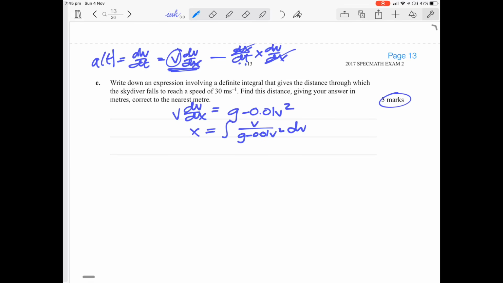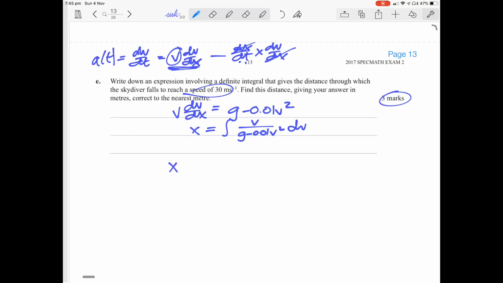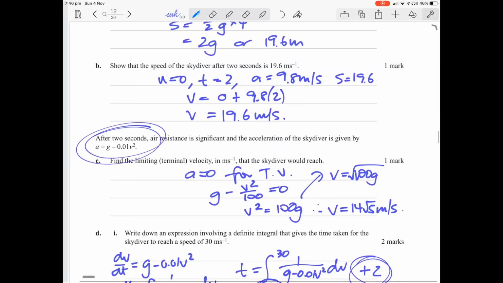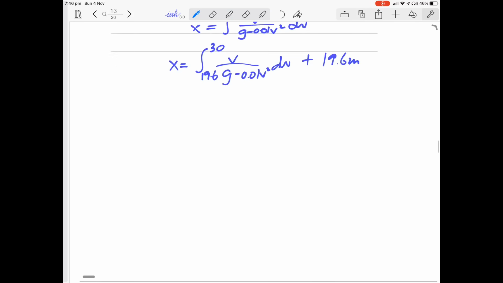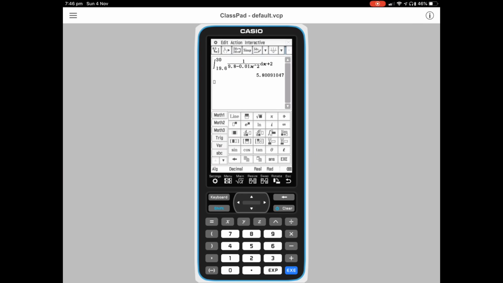So we've got velocity, to reach a speed of 30. So x is equal to the integral from 19.6 to 30 of v on g minus 0.01 v squared dv plus 19.6, which is how far he fell, 19.6 meters in the first 2 seconds. Okay, so 19.6 to 30. Let's just change this, move it down. Okay, what did I have?